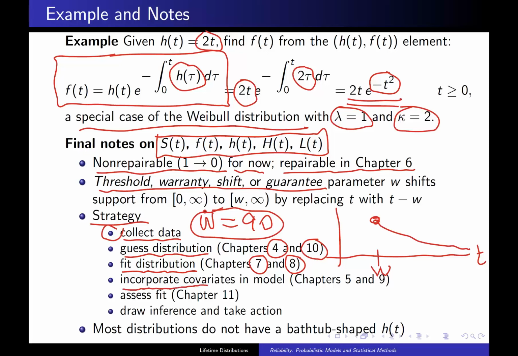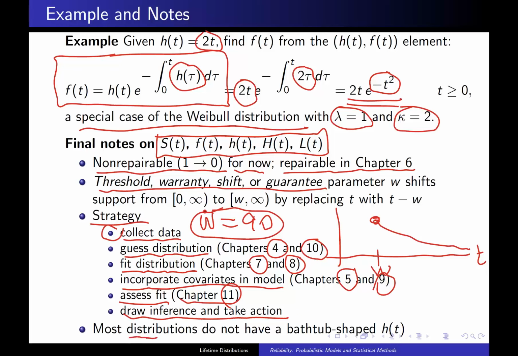Then, if there are covariates to be incorporated into the model, then you incorporate those covariates using a probabilistic model, which is described in Chapter 5, and the fitting will occur in Chapter 9. At that point, you assess the fit of the model, and Chapter 11 is where we look at goodness of fit tests, and then finally you draw inference and take action.